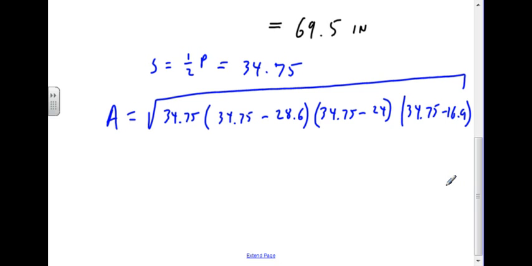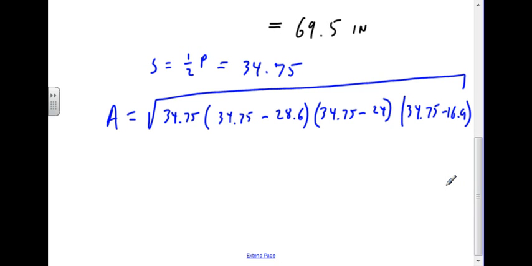Okay, so second function answer times, parentheses, second function answer minus 28.6, close parentheses, times second function answer minus 24, close parentheses. I got to go back and put another close parentheses in. Insert, close parentheses.